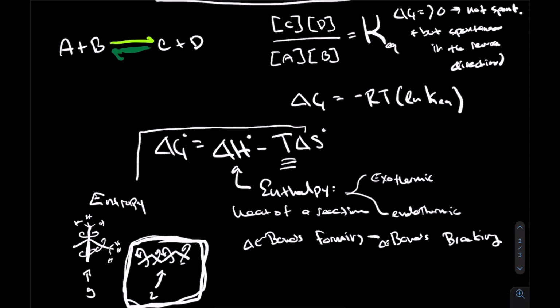All right. So this is a solvable component: you can find the actual value of delta G because you can measure delta H directly by heat through isothermal titration calorimetry, or through just knowing bond formation and bond breaking. You could look those up on a table. That gives you delta H. You can measure delta G from the equilibrium constant.